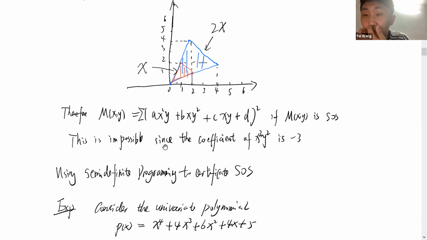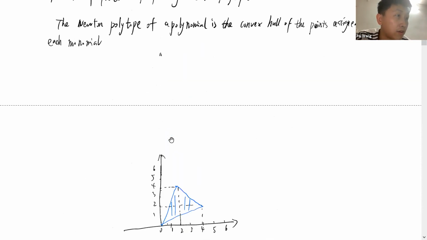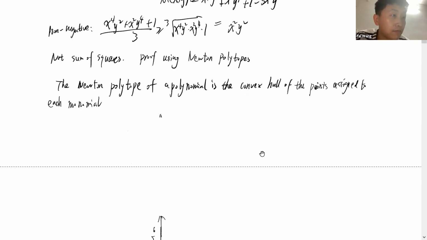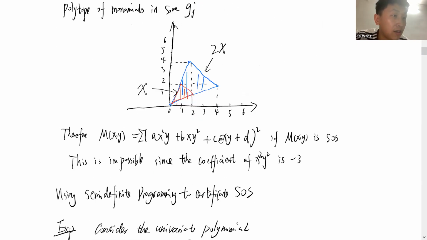And this is impossible, since in the Motzkin polynomial the coefficient of x^2 y^2 is -3. But here the coefficient of x^2 y^2 must be a sum of c squares, so it must be non-negative. That's a contradiction.